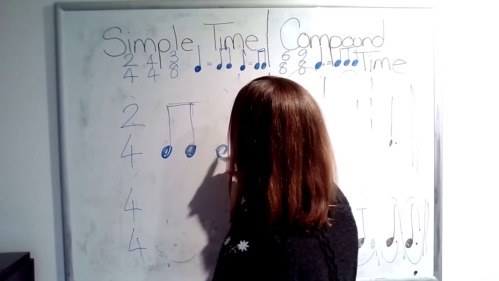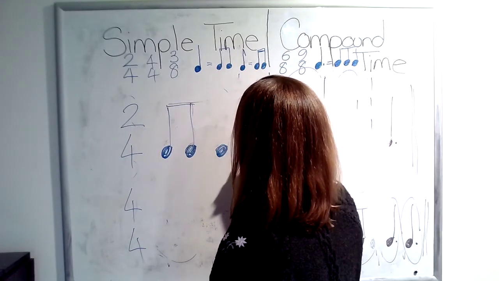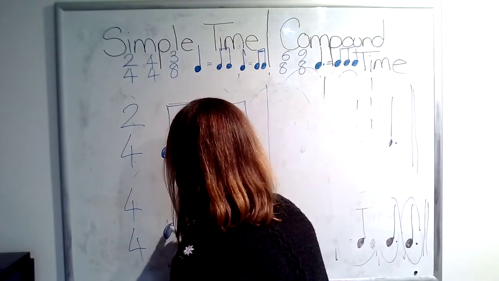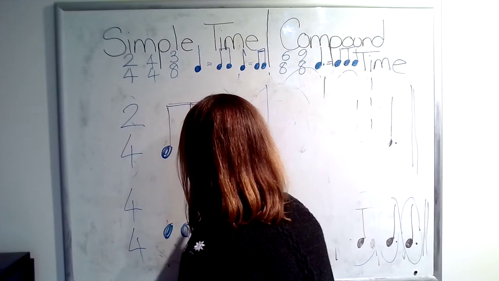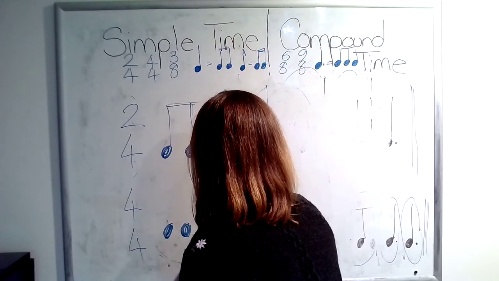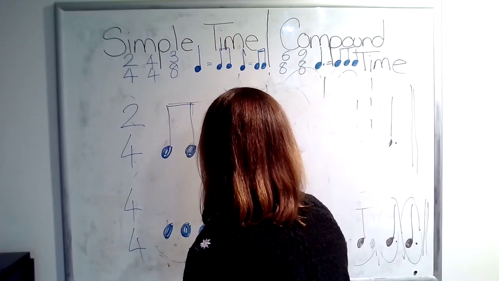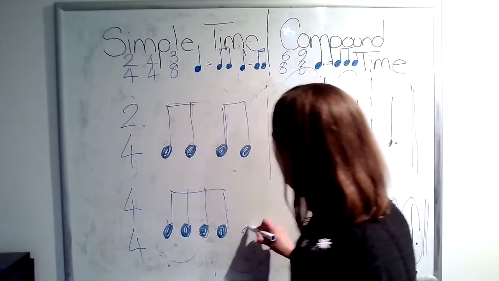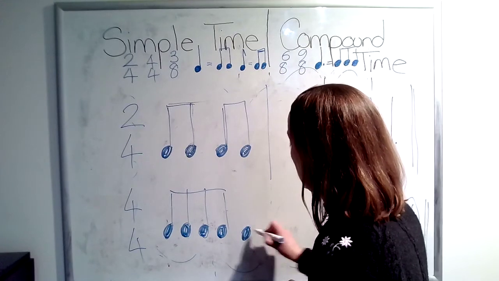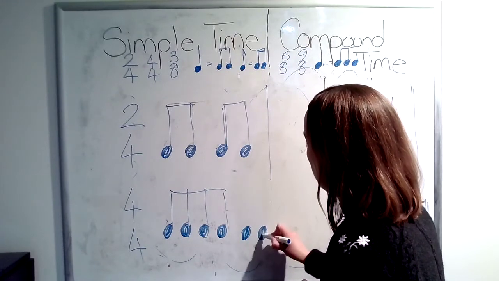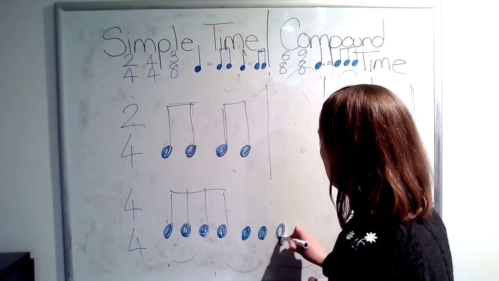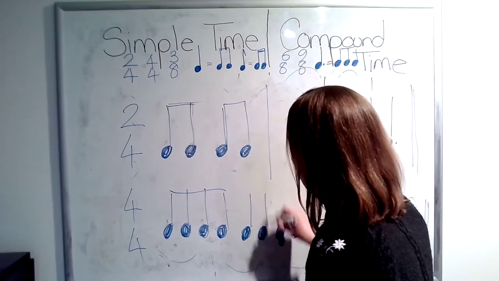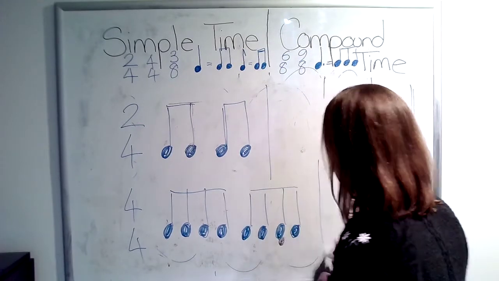I'm just going to write out one bar just to show you an example. So again, you might want to draw this into your workbook or diary or music notebook, just so that you can refer to this when you are writing out your rhythms or composing, just to remind yourself how to group the beats correctly.